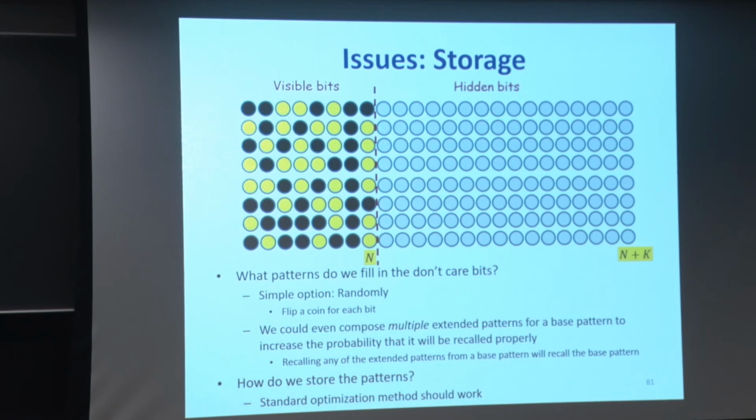The problem with filling them in randomly is they're very likely to end up being orthogonal. And we know that we don't really like orthogonal patterns because they make everything possible, right? But then here's the other thing. If I have a single visible pattern, I can create multiple extended patterns with the same single visible pattern. So my ability to increase the width of my bowl has suddenly increased, because although I have this one visible pattern, I can append k bits in 50 different ways and make 50 copies of this guy.